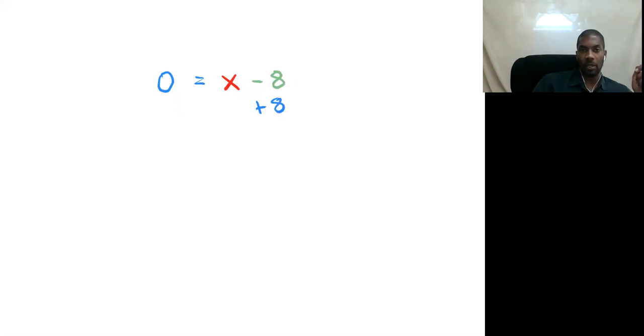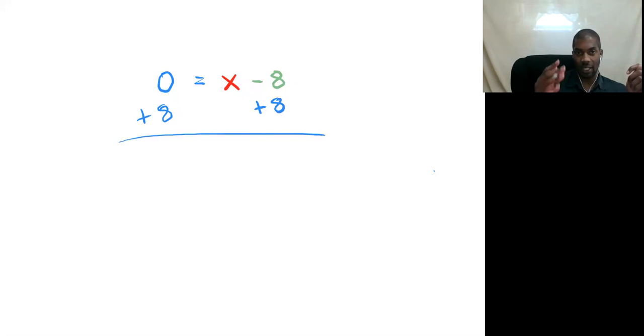Let's clean it up a bit. So I've got 0 plus 8 is 8. Drop the equal sign. Drop the x because nothing happened to it. Negative 8 plus 8, or 8 minus 8, is 0, so I don't need to do anything. So therefore, x is equal to 8, or 8 is equal to x. Now let's prove that is true.